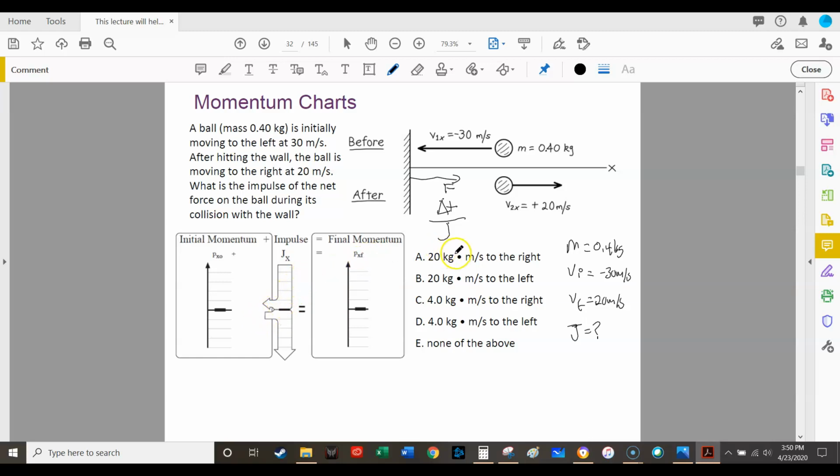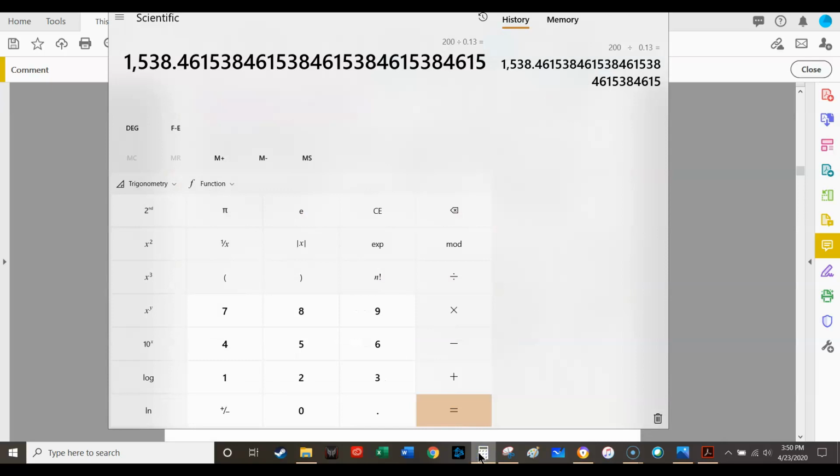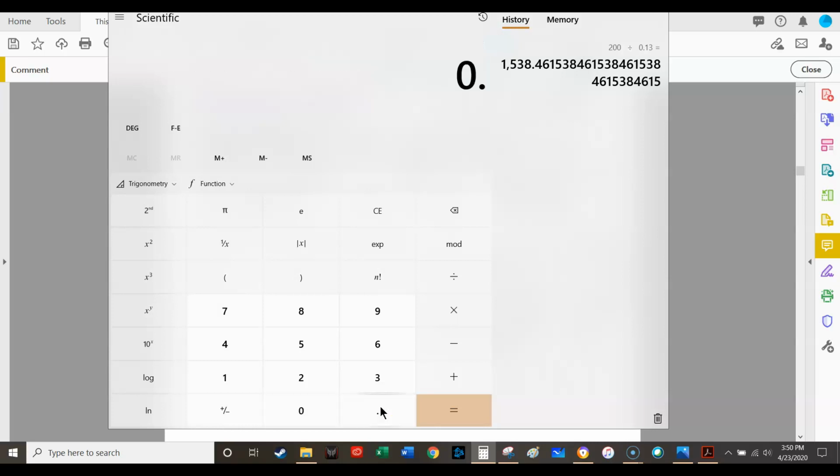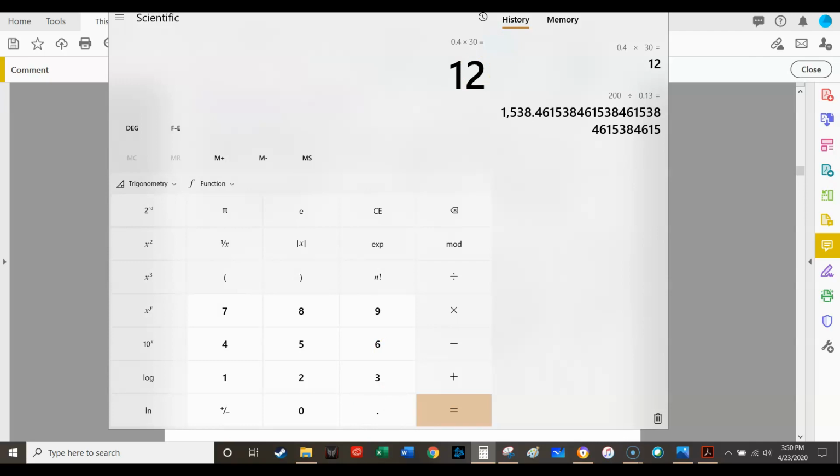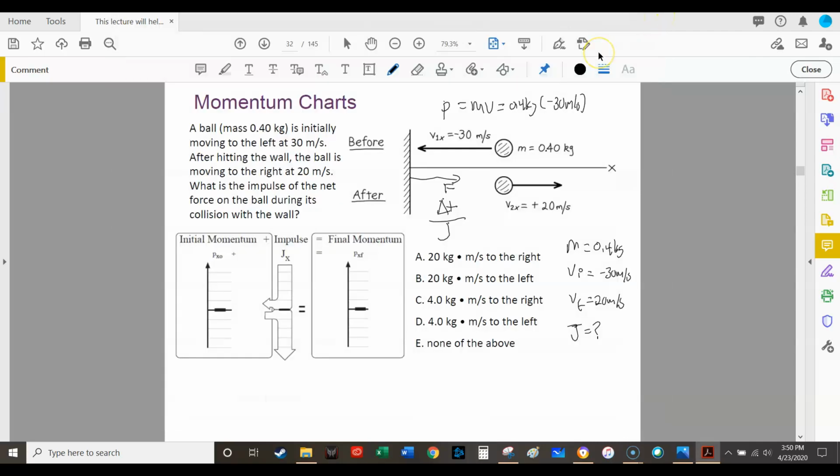The initial momentum coming in is mass times velocity, right? Which is going to be 0.4 kilograms times negative 30 meters per second, and that negative is going to make it have a negative momentum, okay? So 0.4 times 30 is 12.